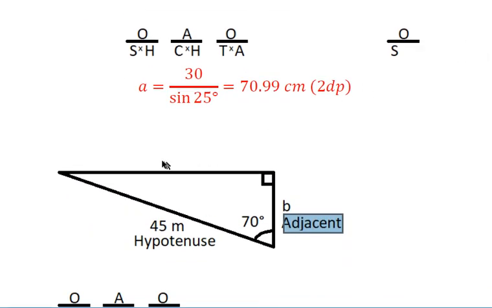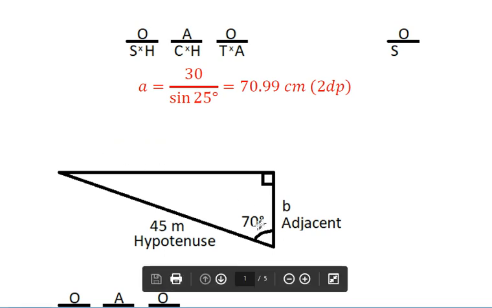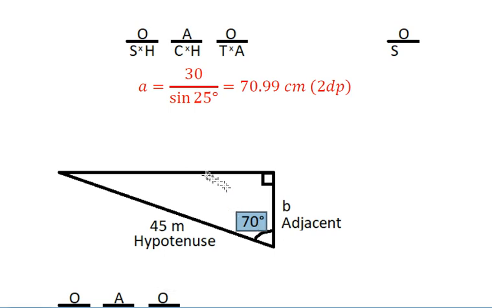Now that would be, this over here we would have our opposite. Now opposite is not always at the top, mind you. Don't think, oh, opposite's always going to go at the top. No, the reason why that is our opposite is not because it's at the top, although it is, but it's because our 70 degrees, which is given to us, has an opposite side which is as far away as possible, opposite that 70 degrees.